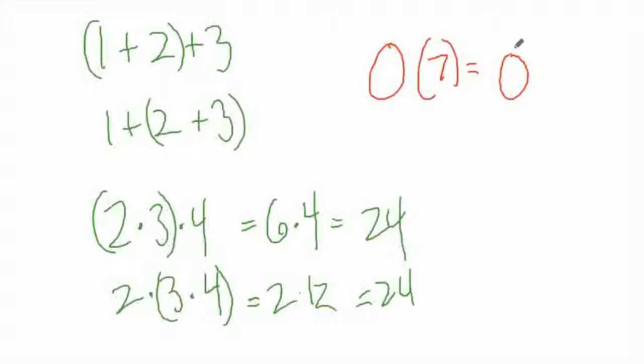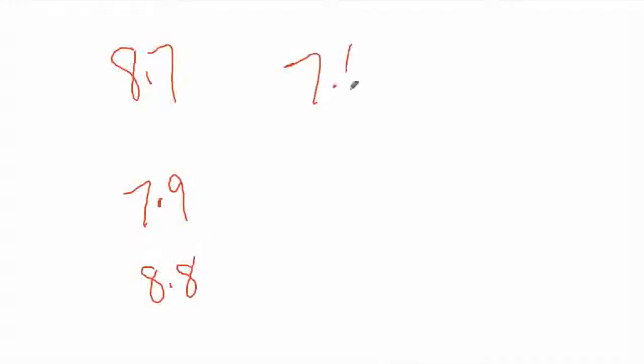Now, the last thing I want to do is review the column method of multiplying large numbers. You could do multiplication for single-digit numbers, so 8 times 7, 7 times 9, 8 times 8, 7 times 6. You could do the repetitive addition in your head, but of course that would take a long time.